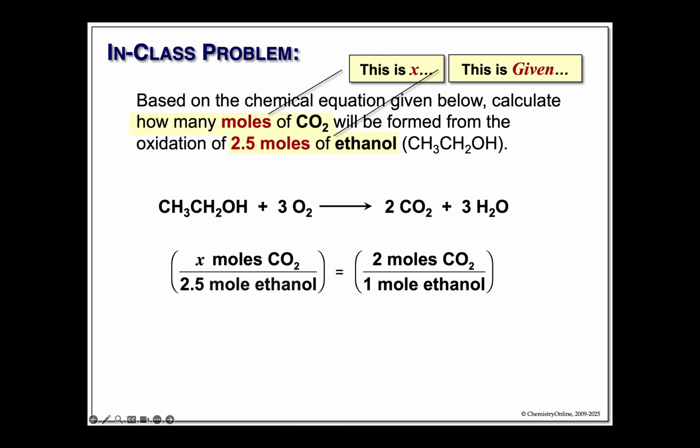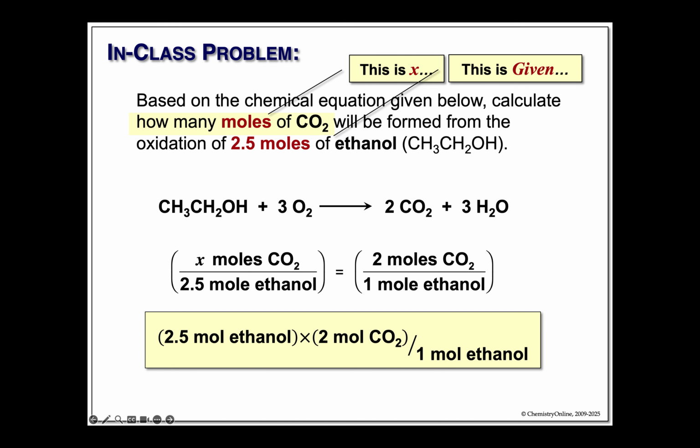There it is. Now, as you just look at these two ratios, it's very intuitive to see you can just cross multiply. 2.5 times 2 divided by 1. Whip through it on your calculator, no problem.